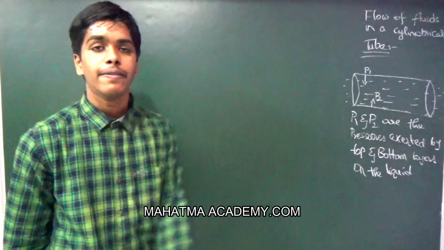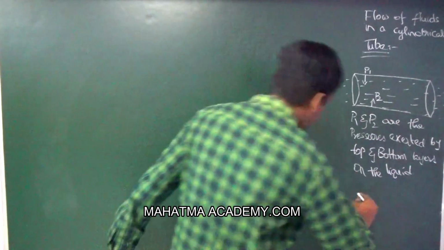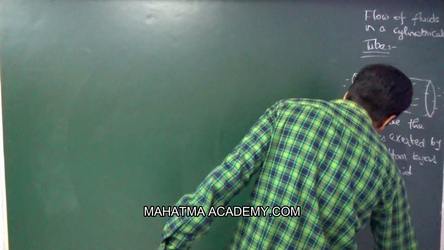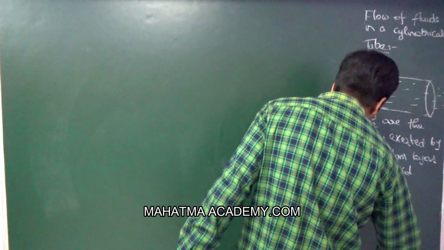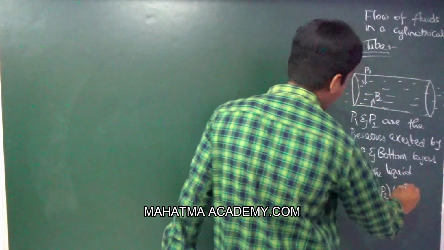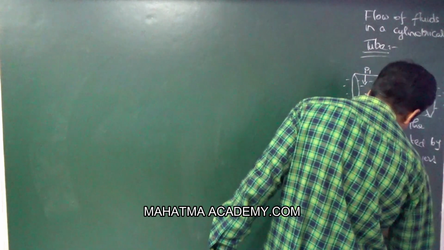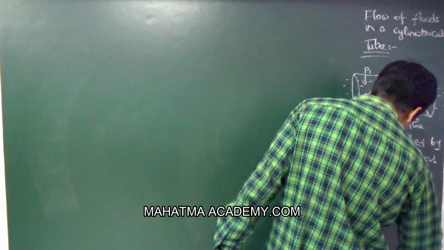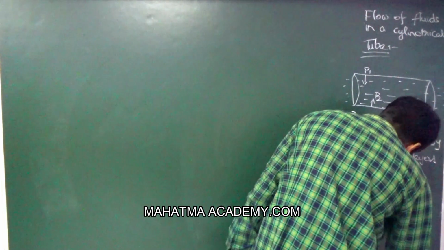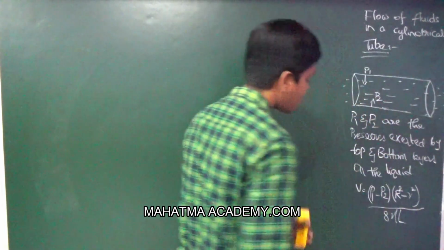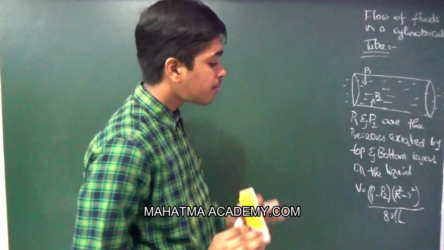Okay, now there is a velocity equation. This is the important equation: V is equal to (P1 minus P2) into (R square minus small r square) upon 4 eta L. Now we will discuss what the terms are.